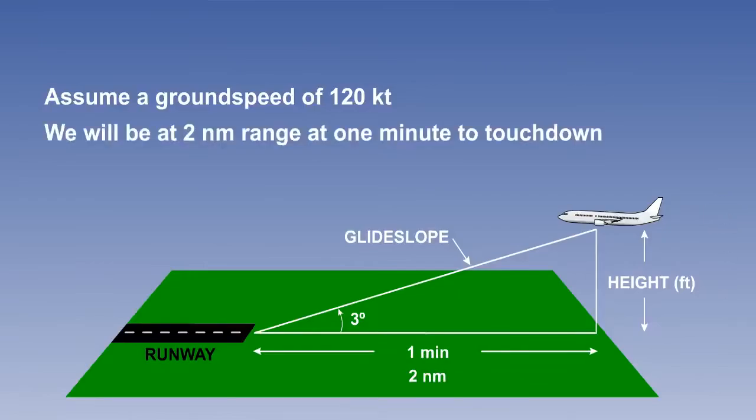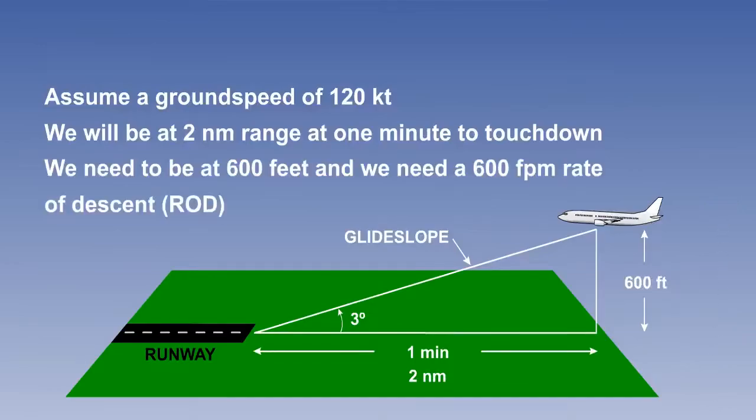Two miles. So with a 3-degree glide slope, what height do we need to be? (600 feet). Therefore, with 1 minute to go to touchdown, we need a rate of descent of 600 feet per minute.